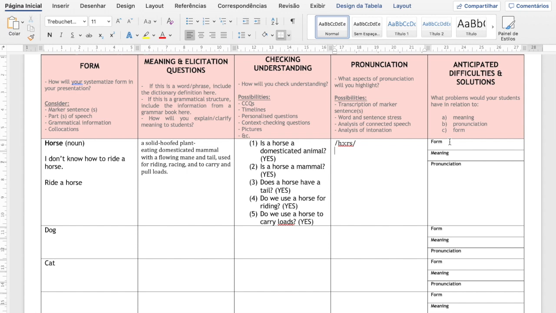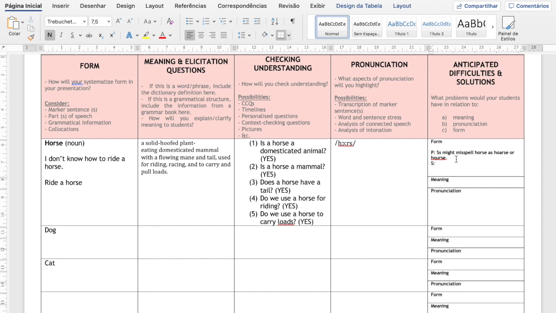Then, up next, we have to think about anticipated difficulties and solutions with each of the items. So, in the case of horse, you may think that students might misspell horse as horse or horse. This is the problem. If this happens, we need to think of a solution.